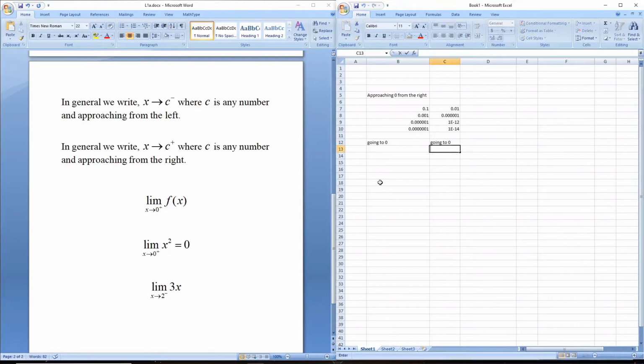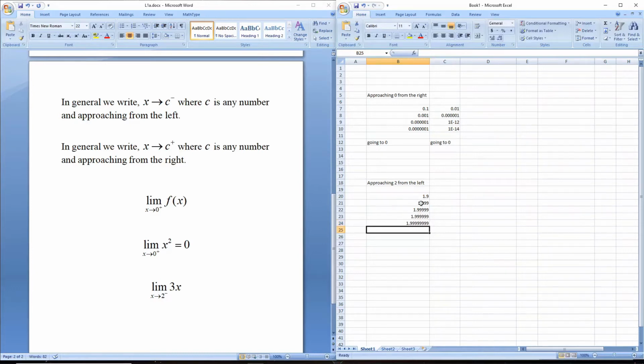First, we want to think about what numbers we want to use here. We want to approach 2 from the left. From the left means numbers less than what we're interested in. So we need a number less than 2, say 1.9. And now we want to choose other numbers to express the idea that we are getting infinitesimally close to 2.